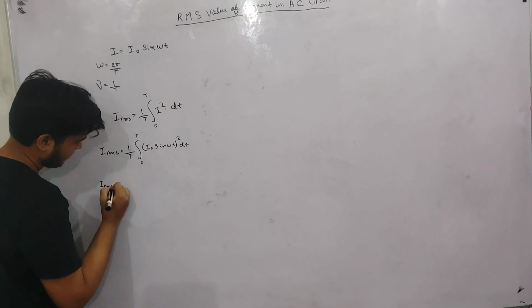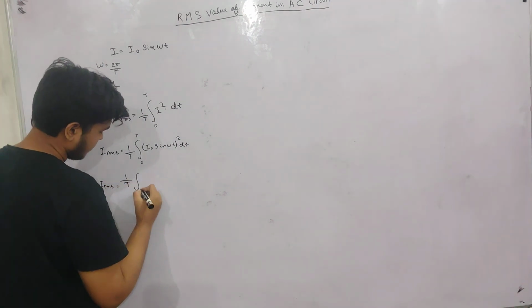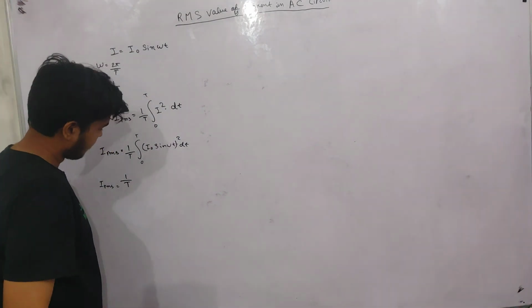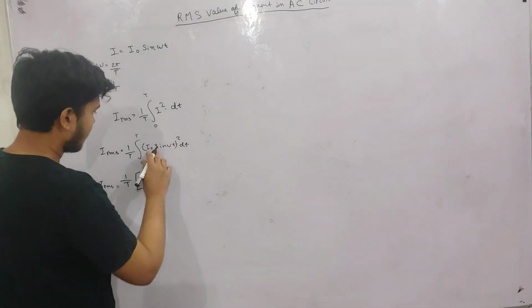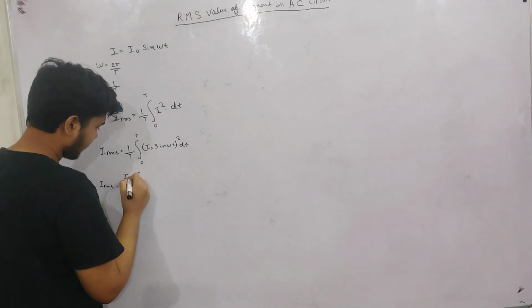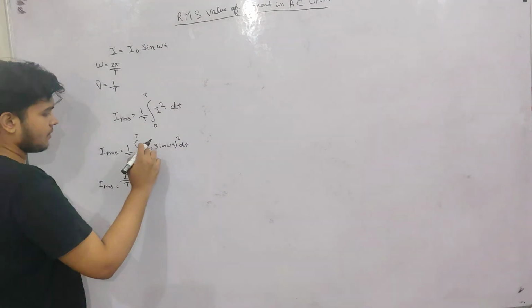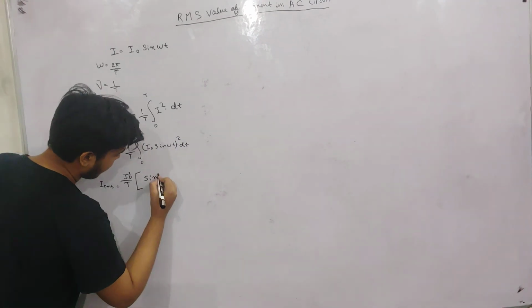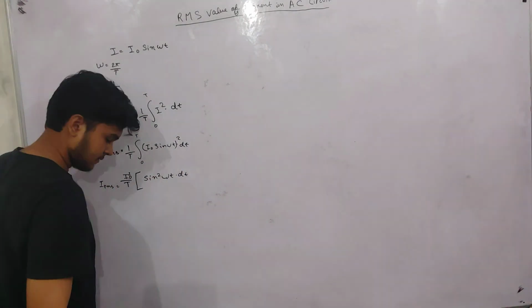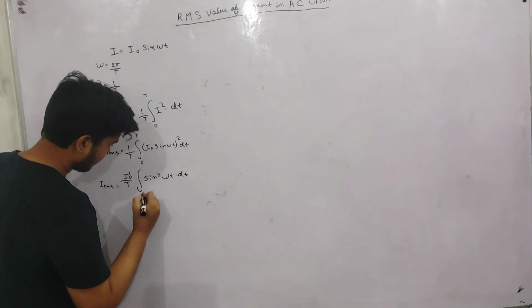I naught will come out as it is a constant. Since it is a square, I naught square sin square omega t dt. This is the value before integration.